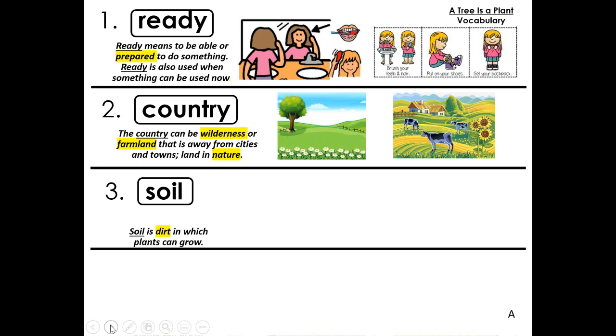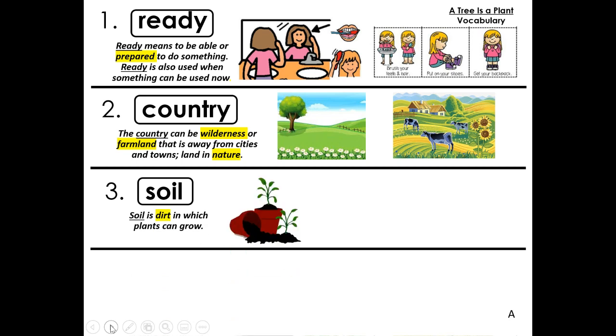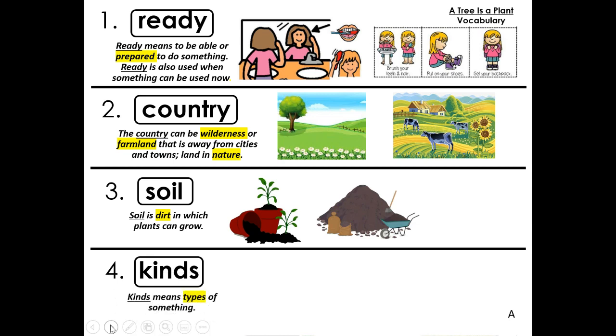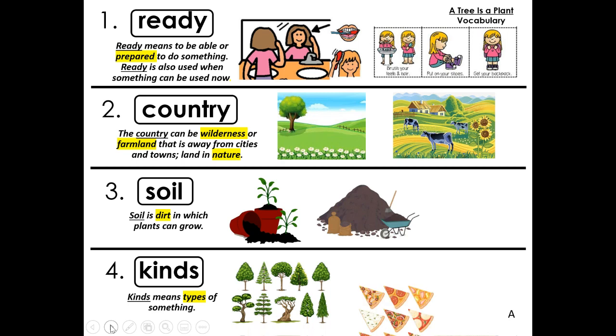Number three, soil. Soil is dirt in which plants can grow. Four, kinds. Kinds means types of something. And again, soil is the same as dirt, and the synonym for kinds is types.